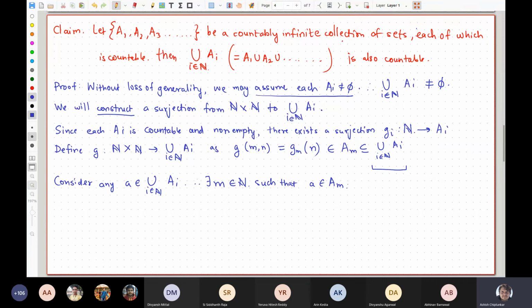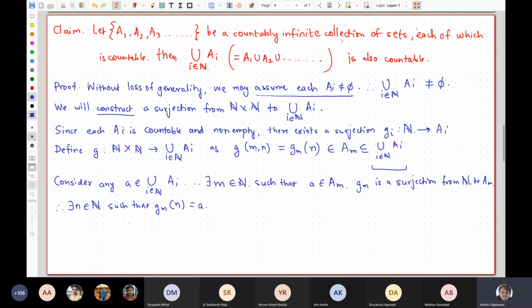Now, because a is in A_m and g_m is a surjection from N to A_m, that is our assumption, what does that mean? Therefore, there exists some n in the set of natural numbers such that g_m applied to n is equal to a.